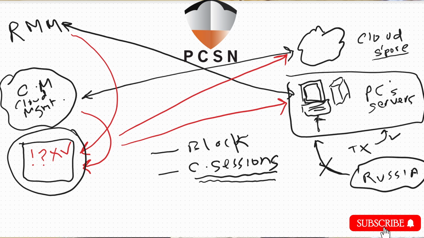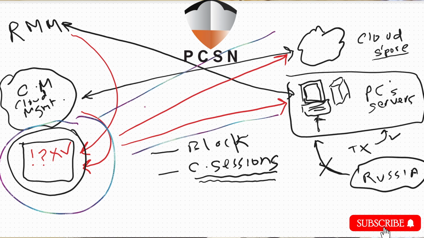Now, of course, the question in mind is, how does all this magic work? That's the secret sauce. There are several systems out there. Everybody knows what an RMM is. That's the remote management software that MSPs use to manage multiple machines.